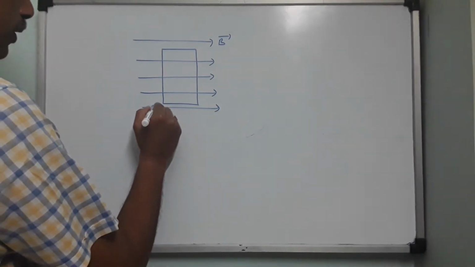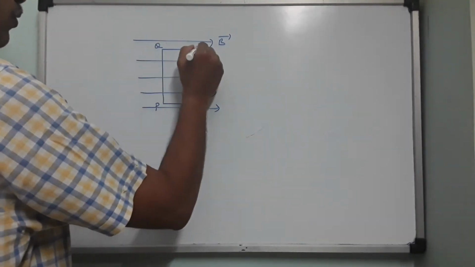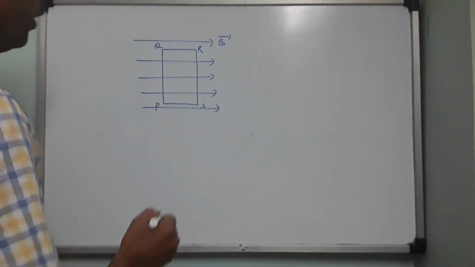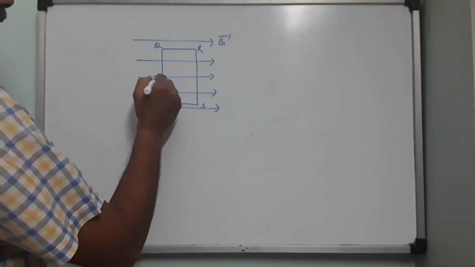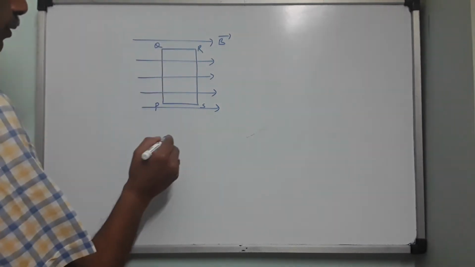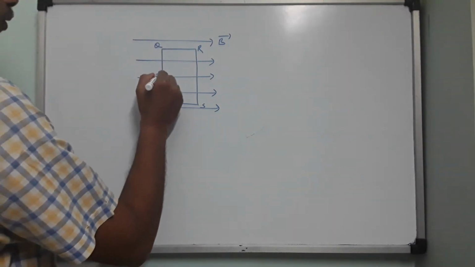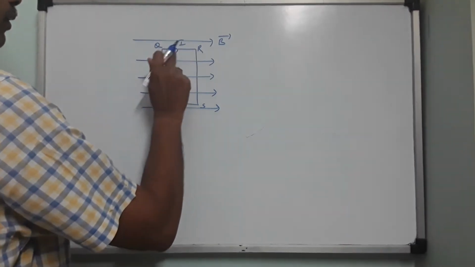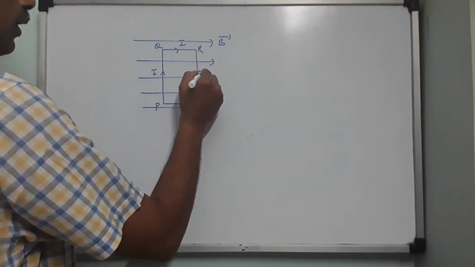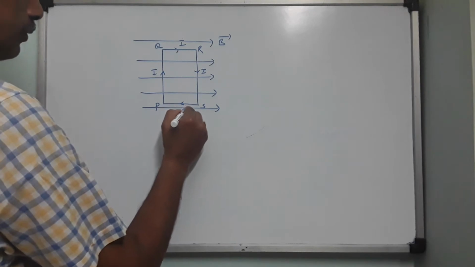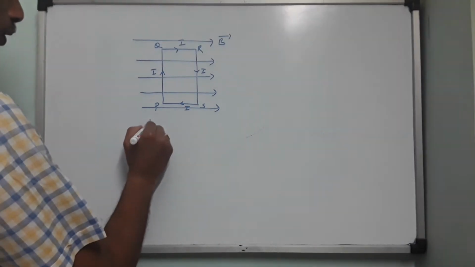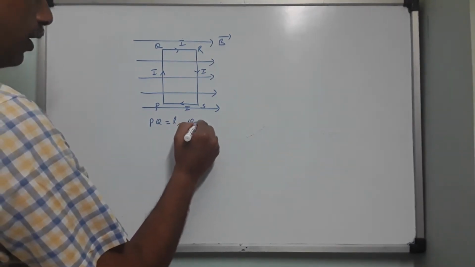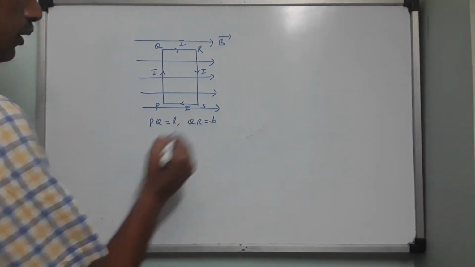We name it as P, Q, R, S, and PQ we name it as length L, and this is breadth B. We allowed a current to flow in clockwise direction. So this is I, and this is I, and this is I. So we have named PQ equals L, the length of the coil, QR equals B, the breadth of the coil.